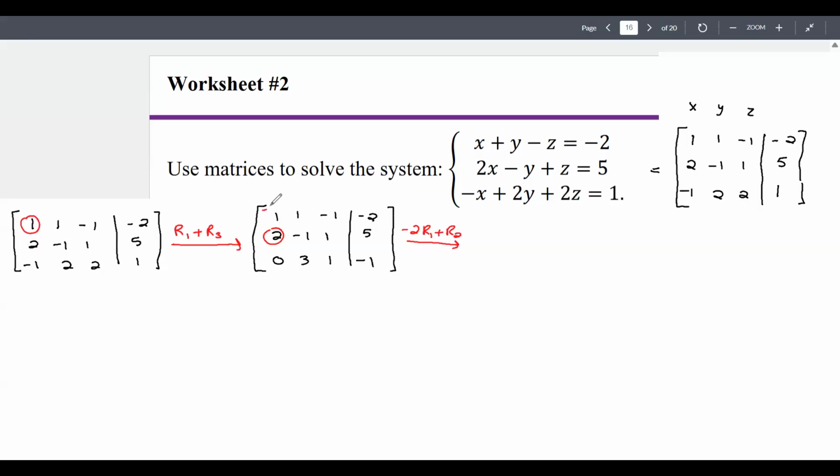So now this one will just be a -2. This one's a -2. So this -1 becomes +2. This -2 becomes +4. But remember, what we want back is the original line. I'm just multiplying it for a little bit of time just so I can add it into the next row.